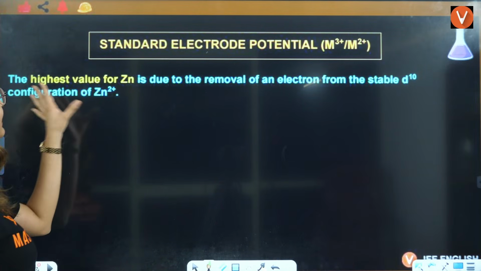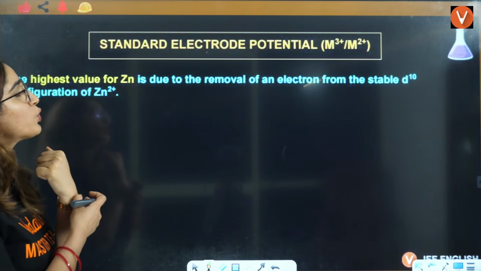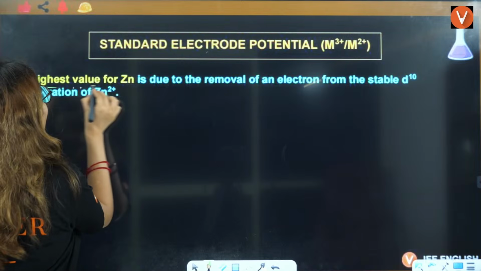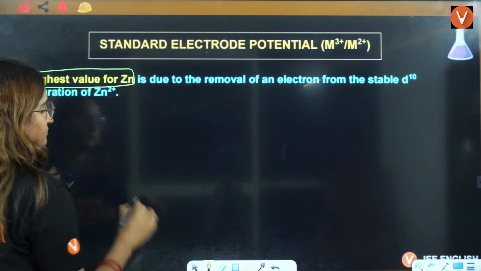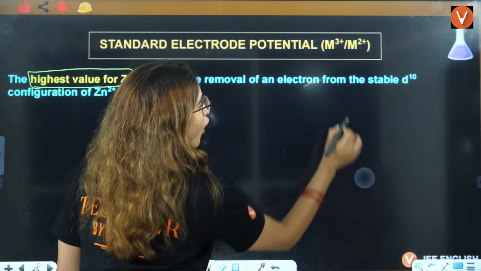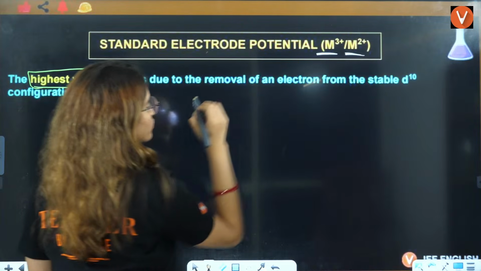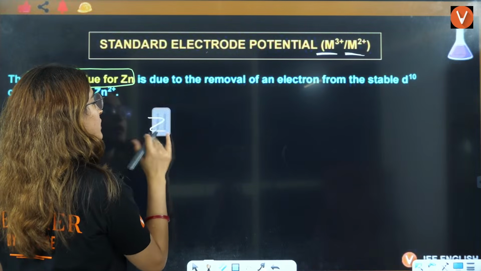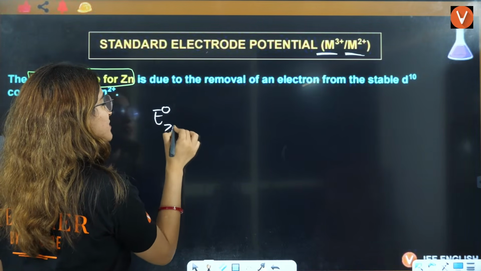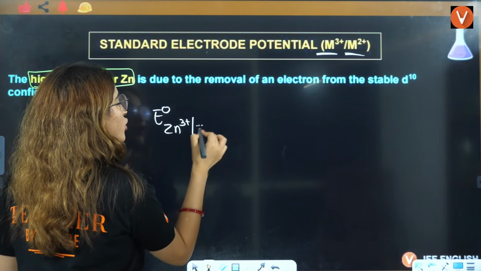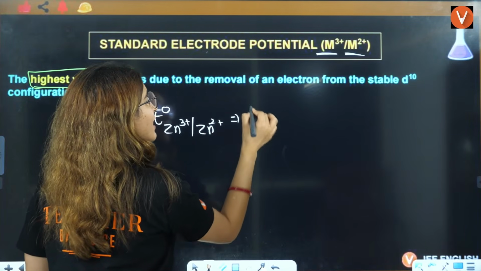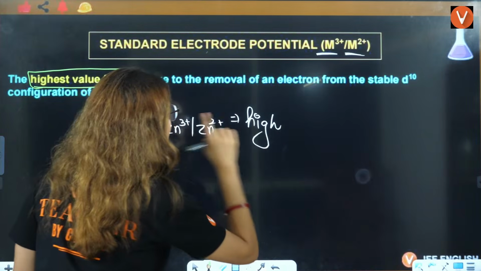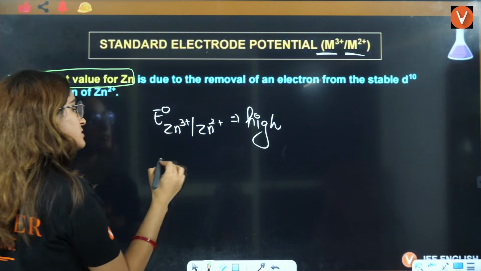So the highest value is for zinc, due to removal of electron. Now, if you say that the electrode potential of Zn3+ to Zn2+ is very high, this means that this particular reduction is very easy.